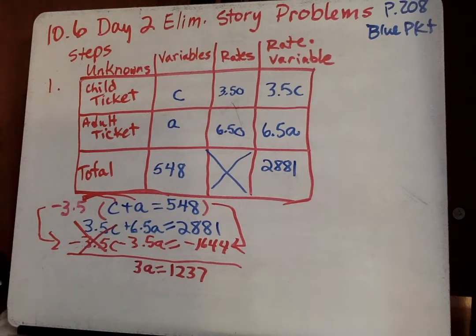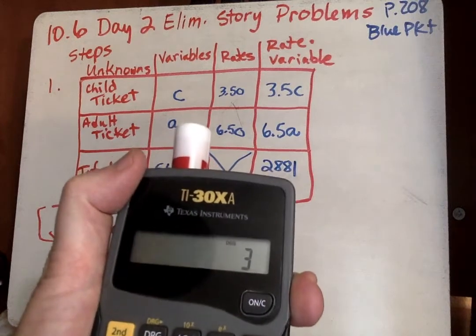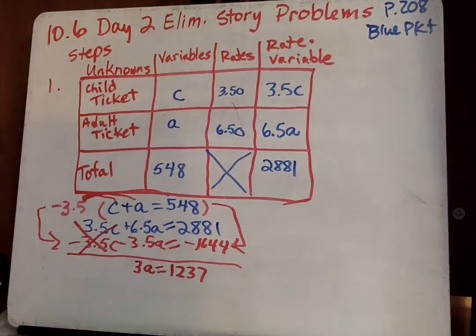So I'm going to take that and divide it by 3. Uh-oh, did I make a mistake somewhere? Let's see. 6.5 minus 3.5. Okay, that was 3. 3.5c, negative 3.5 there. 28.81 is correct.